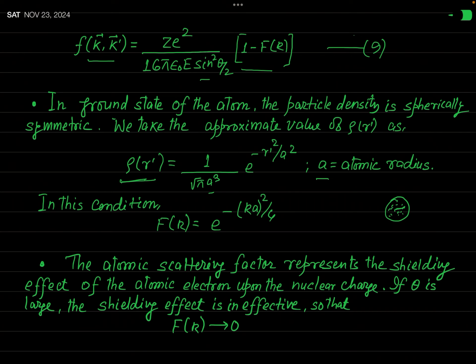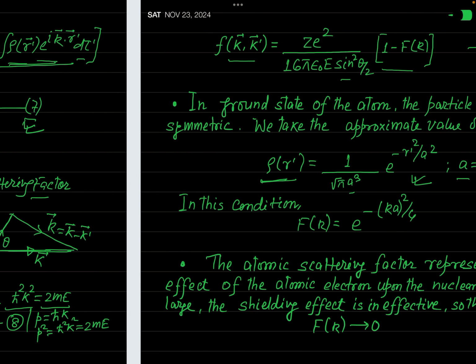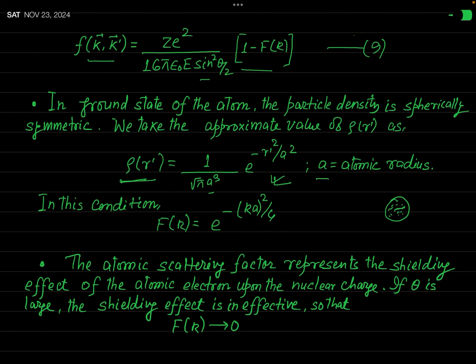And when you substitute this value of rho of r dash in the expression defining this atomic scattering factor, then after evaluating that integral, it is found that f of kappa is equal to e to the power minus kappa a whole square over 4.